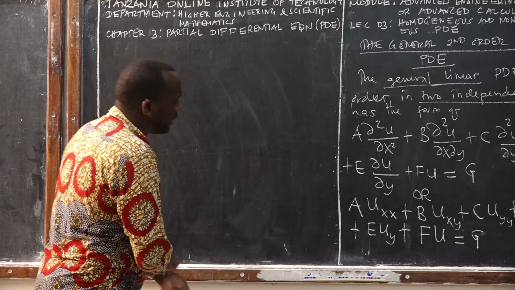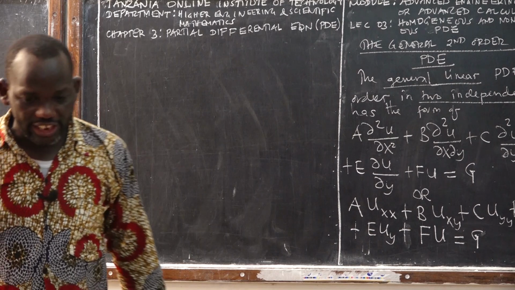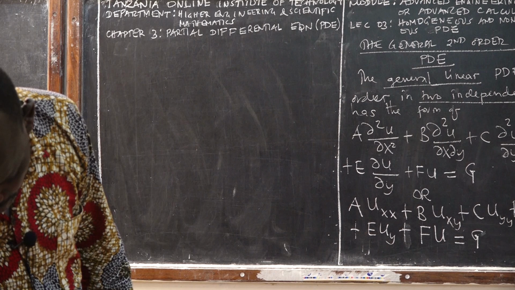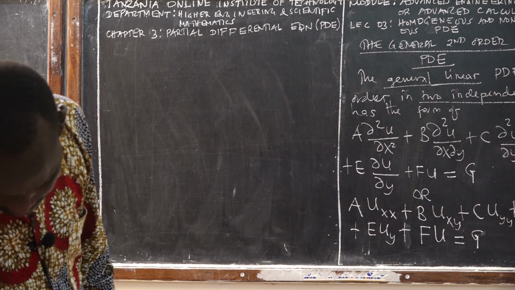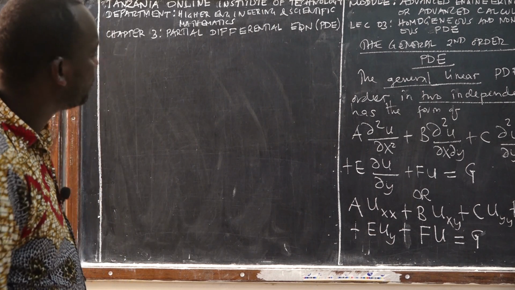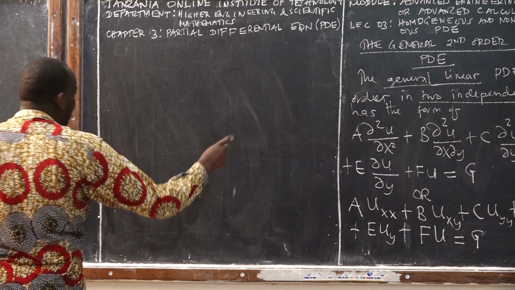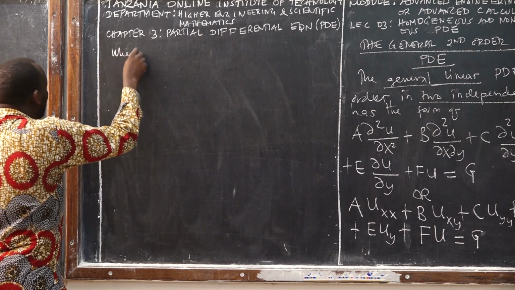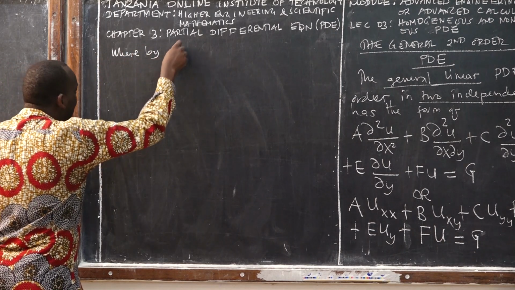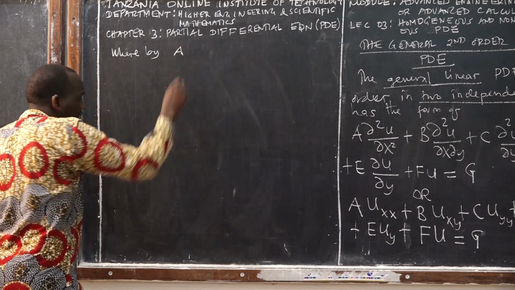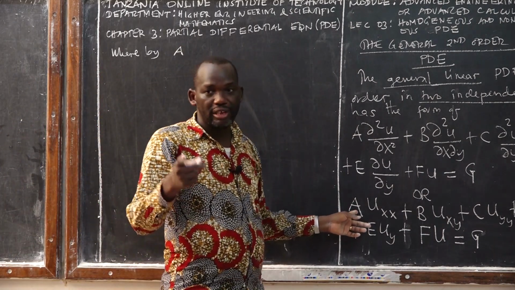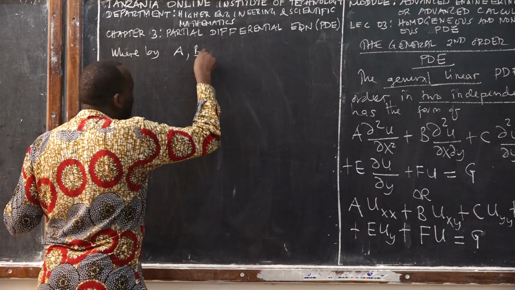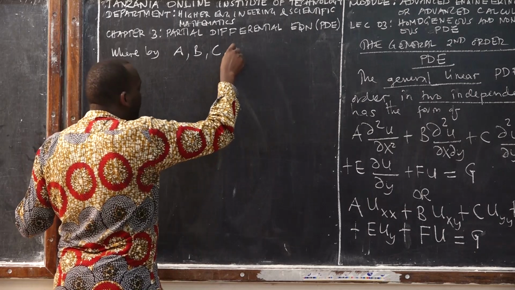Okay. After that, the next question that we have: what is the meaning of A, B, C, D, E, F, G? Let us continue with that equation. Where is A? This A can be a function. B can be a constant or function. C can be a constant or function.